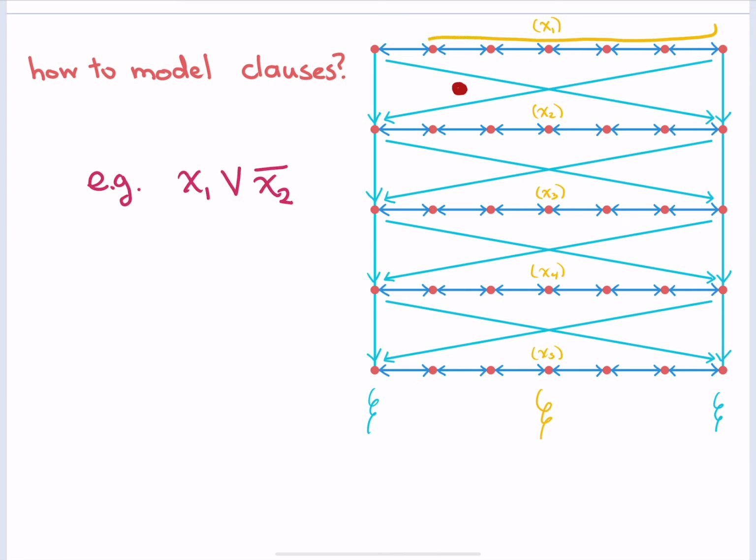If I'm setting x1 to be true, that means I'm going from right to left.